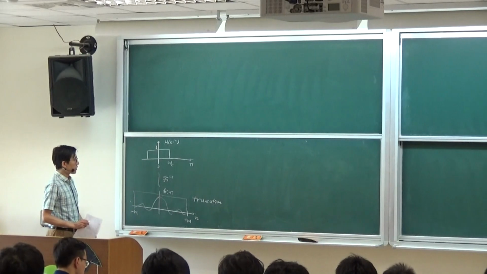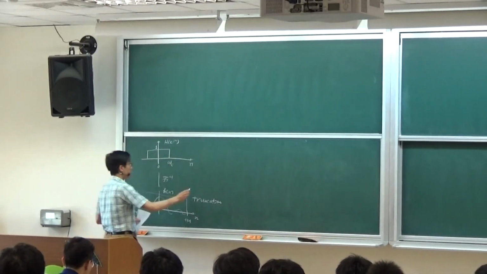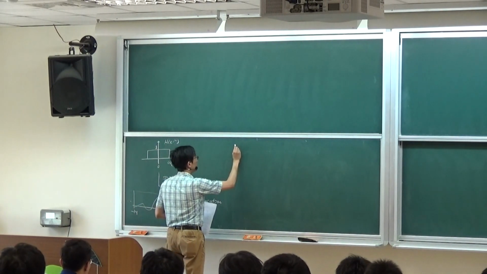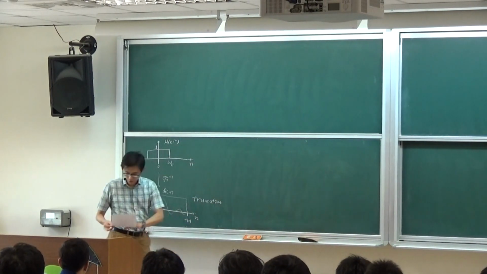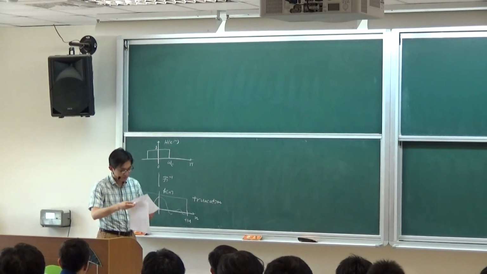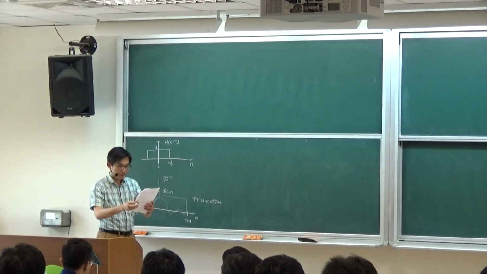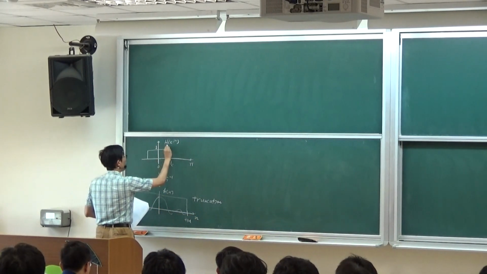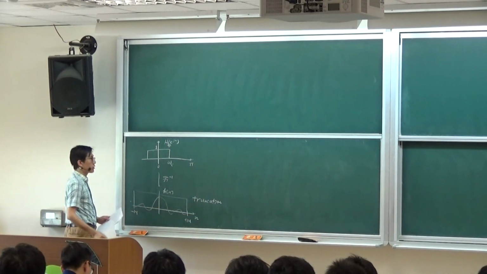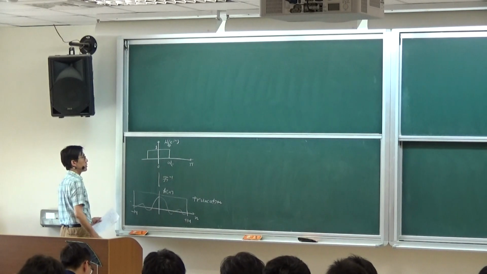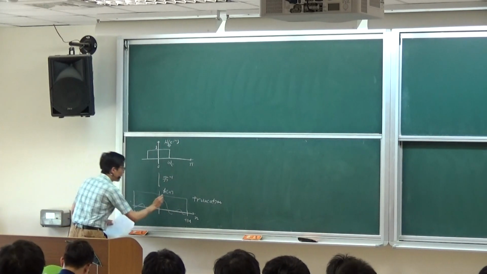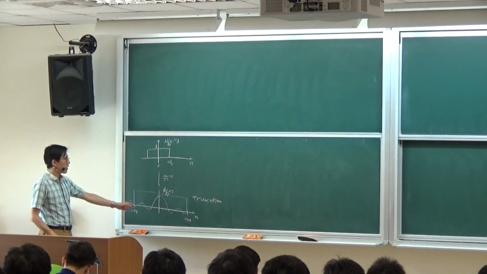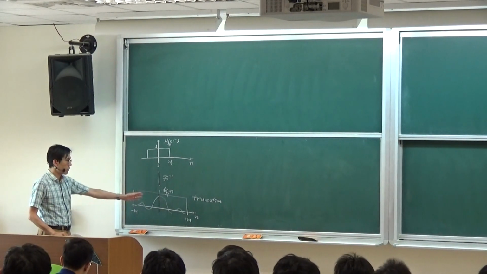So the effect of this truncation is that if h of n is ideal, then, what's my notation? Let's say this is LP, that was my notation. The ideal low pass filter is denoted by H_LP, and the corresponding impulse response is infinitely long, so we need to make a truncation.